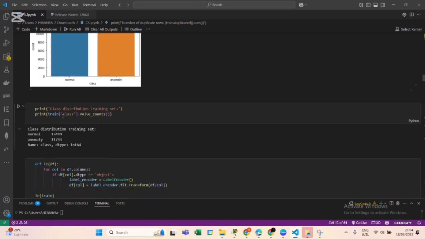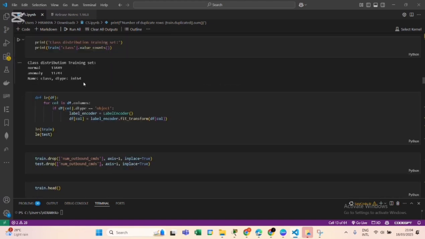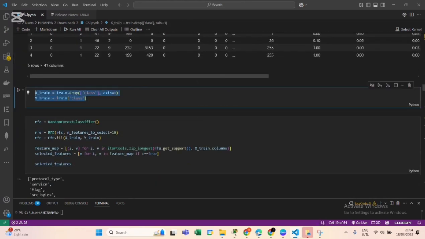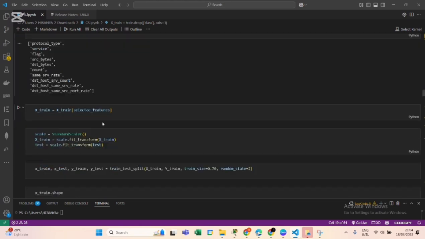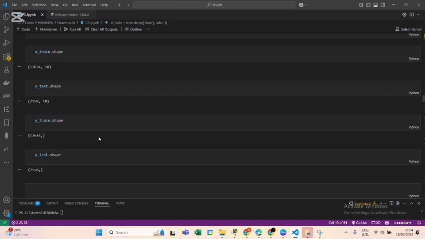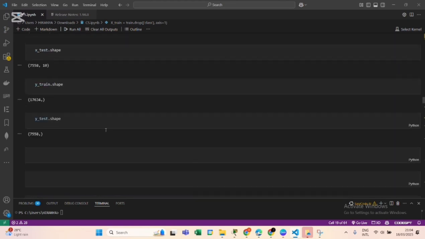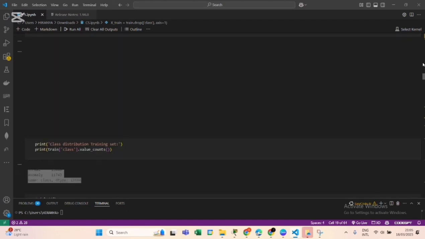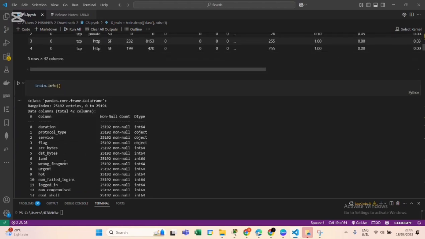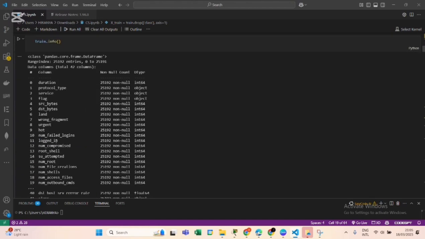The first thing I did was check the data for any missing values, and fortunately everything came back clean, no missing data at all. I also checked for duplicate rows and there were none, so the data is in good shape.